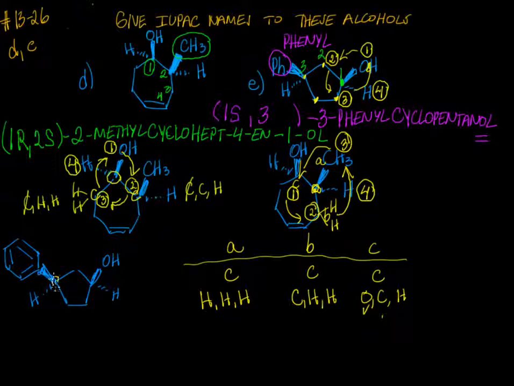So again, we're looking at carbon 3, and we're trying to figure out what the priority is here, so we can assign this as R or S in the name. So hydrogen's going back, and we've got carbon versus carbon versus carbon. So again, it's a three-way tie. I'll just call the phenyl group A, the top part of this ring B, and this chain C. And let me make a ranking table here and just see what comes out.